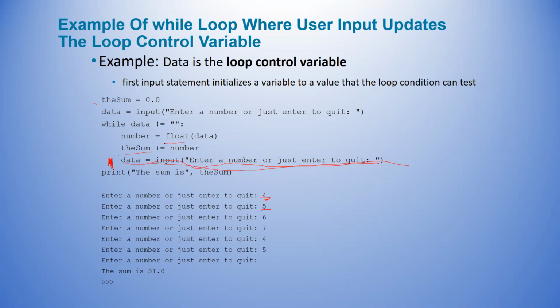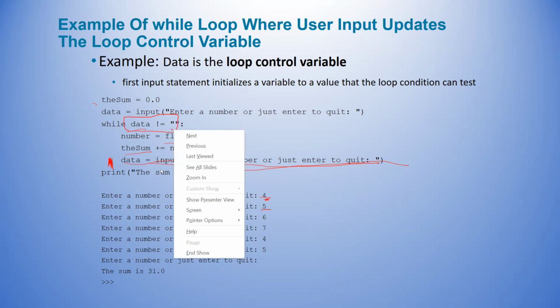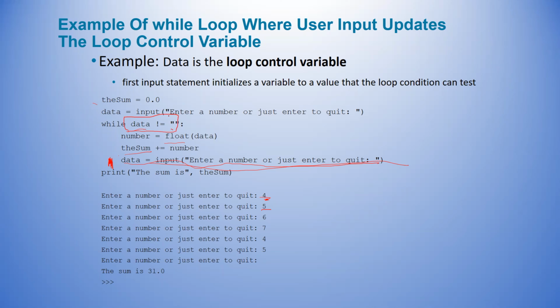Because if the user presses enter, this would be false. Because the condition is data is not empty, right? So if you enter 4, data is not empty. So this is true. If you enter 5, data is not empty. This is true.